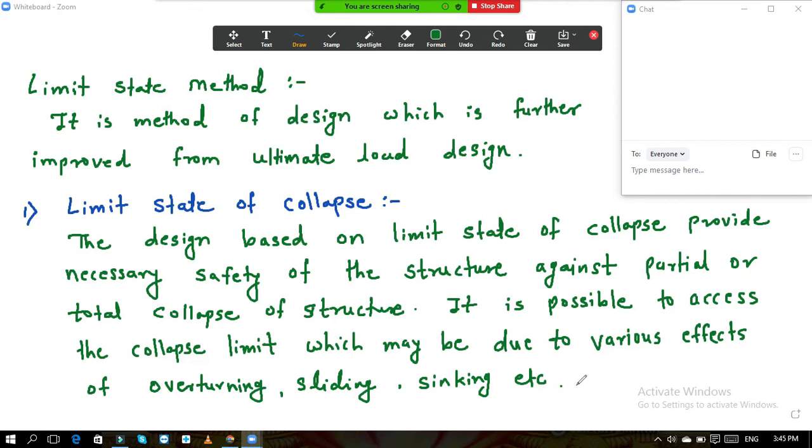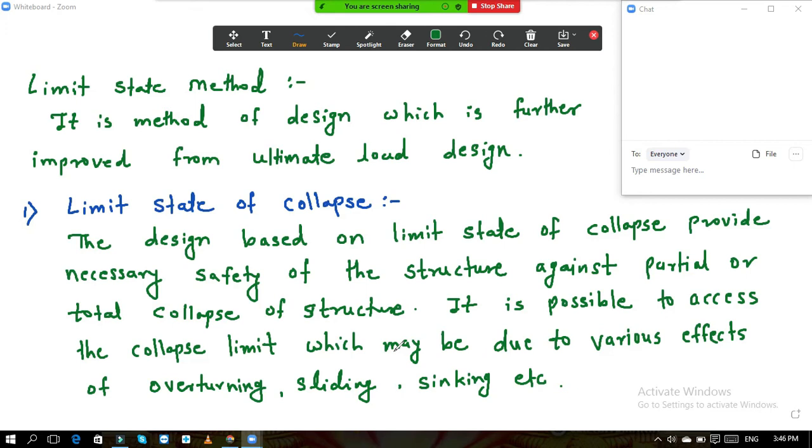The limit state of collapse will give you the collapse limit for what? For factors like overturning, sliding, sinking. So many factors are there. These are some of the names given over here. So this limit state of collapse can give you the limiting value for that structural member for overturning, sliding, sinking. Normally overturning and sliding occur in the case of retaining walls or dams, big structures.